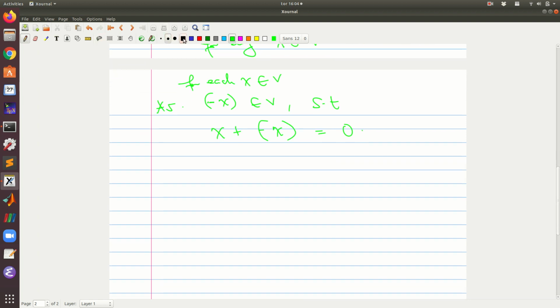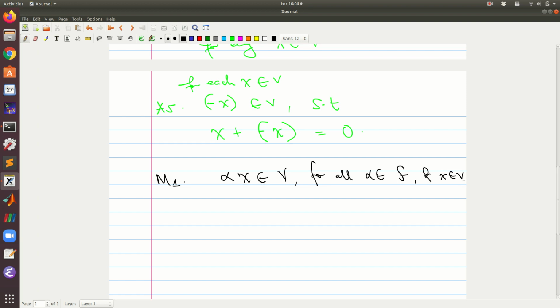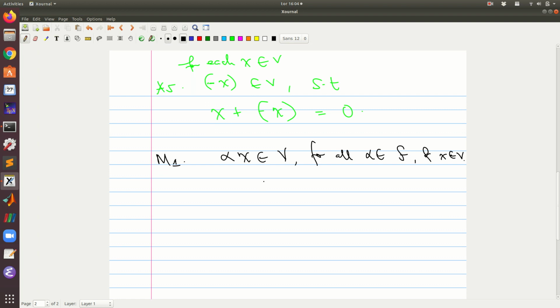And then we quickly move on to the ones for multiplication. M1 tells us that alpha x, the product, is also taken from V, for all alpha taken from F and x taken from V. This is the closure property for scalar multiplication.